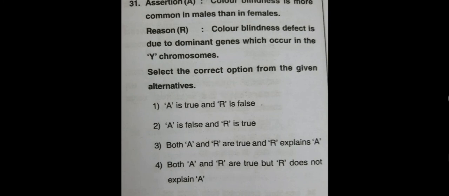Assertion A, color blindness is more common in males than in females. Yes, this is a correct statement. Reason R, color blindness defect is due to dominant genes which occur on the Y chromosome. No, this is wrong. So A is true and R is false. First option is the right answer.